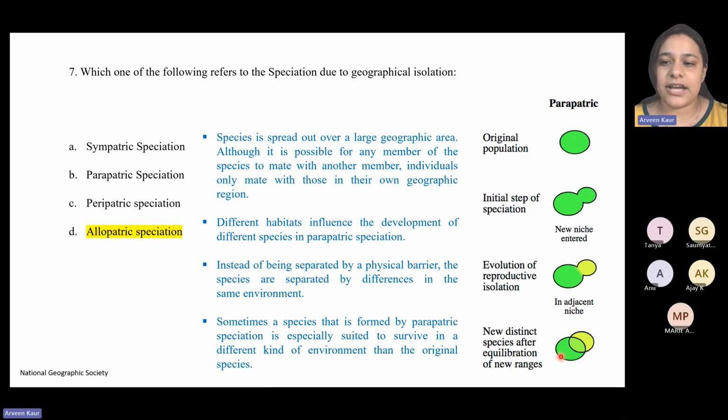For example, over here they have represented that if there was an original population, they could have entered a new niche. For example, maybe in this 100 acres of land, earlier it was completely dry, right? And there were species living in this land which were okay with it being dry.